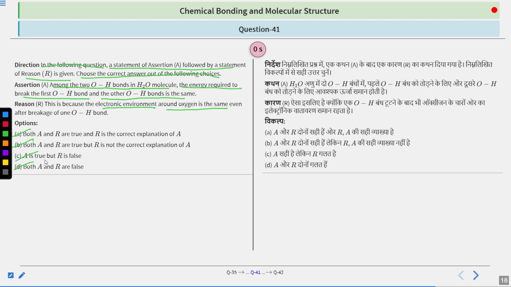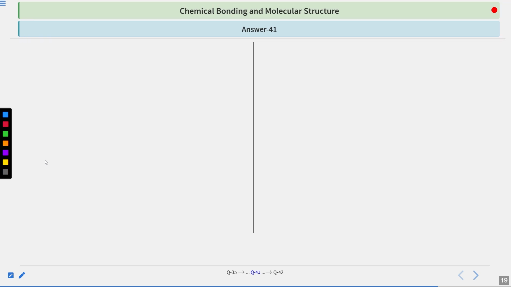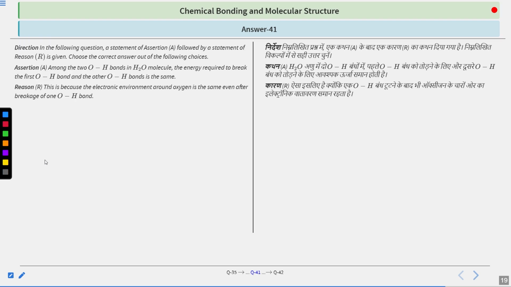Okay, now let us see how we can solve it. So this is simply an assertion reason type question. So what is the assertion? The assertion says that among the two OH bonds in the H2O molecule, the energy required to break the first OH bond and the other OH bond is the same. And the reason is given that the electronic environment around the oxygen will not change.